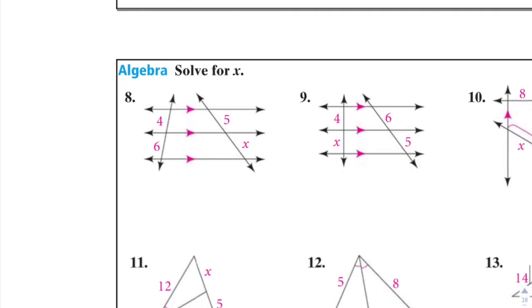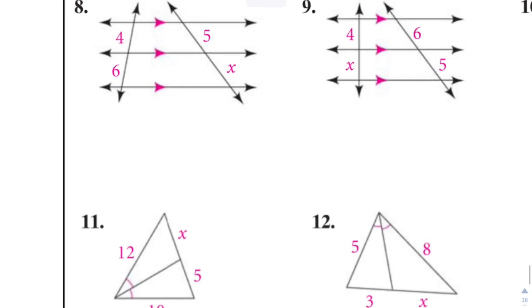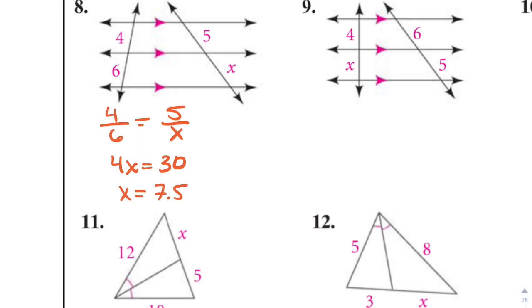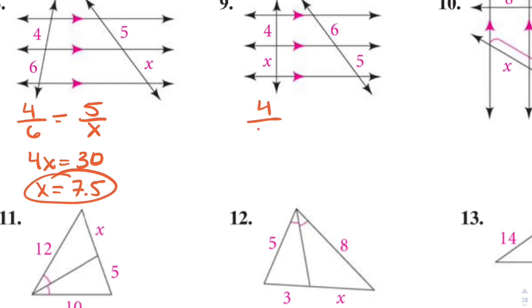Okay, solve for x, a couple more here. 4 over 6 equals 5 over x. Just a different way to look at it. 4x equals 30, so x equals 7.5. 4 over x equals 6 over 5. 6x equals 20.